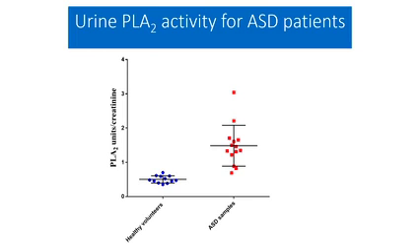We also found very high amounts of phospholipase A2 in children with autism spectrum disorder, ASD, and we've had reports of significant improvements in the autism symptoms following CDP-choline.